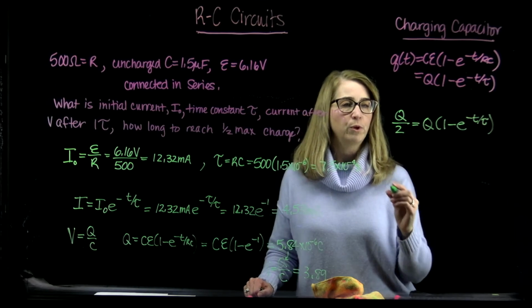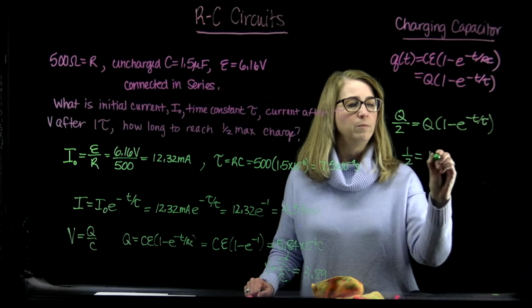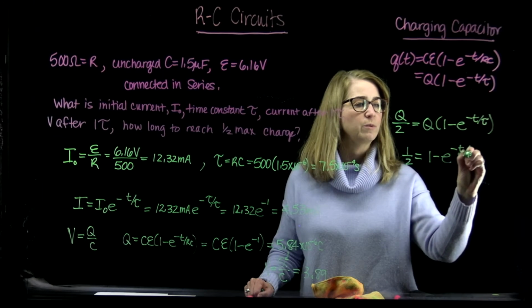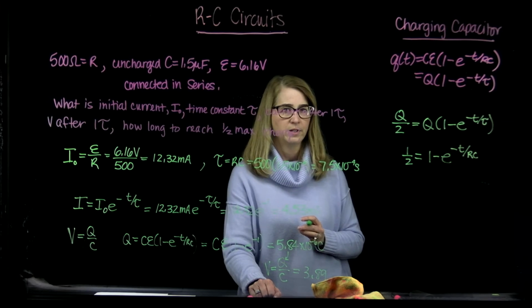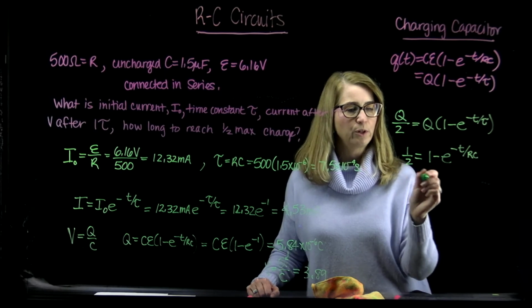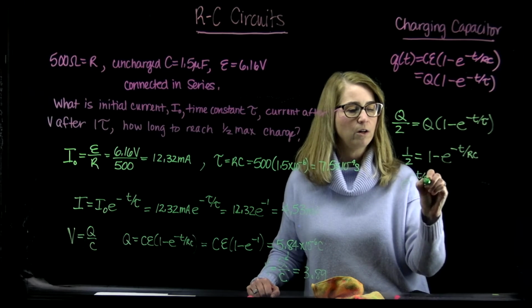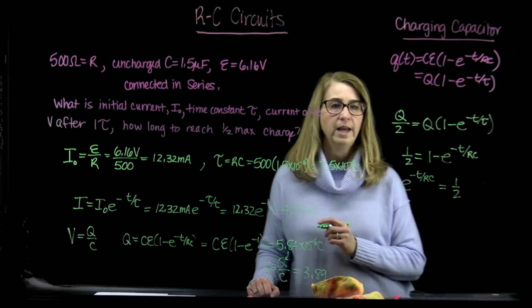If I divide both sides by Q, I get 1/2 is equal to 1 minus e to the minus t over tau, which I'm just going to write as RC, just to remind us that that's what tau is. And so if I rearrange things, I can get e to the minus t over RC is equal to 1/2.